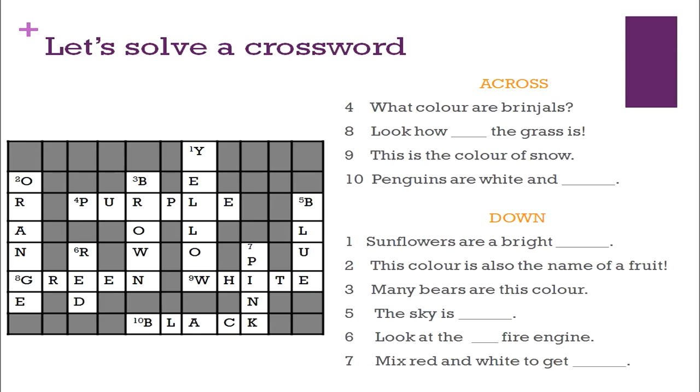The color is also the name of a fruit, orange. Many bears are of this color, that's brown. The sky is blue. Similarly, you can play with other categories and have crosswords for the learners to learn new words in context.